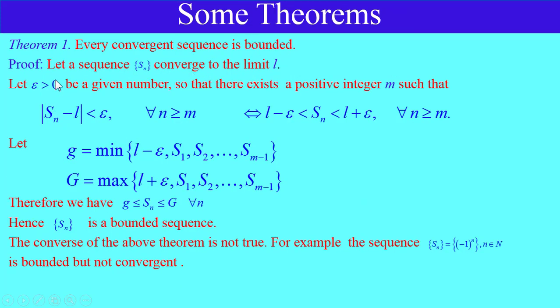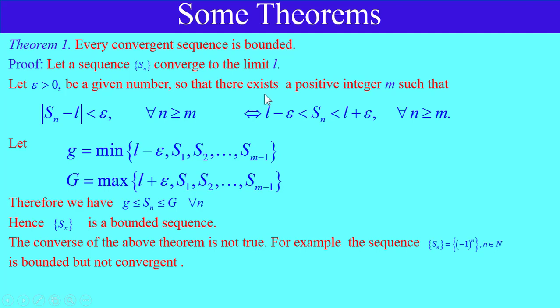Some theorems. Theorem 1. Every convergent sequence is bounded. Proof. Let a sequence Sn converge to the limit L. So, by definition, let epsilon be a given positive number.